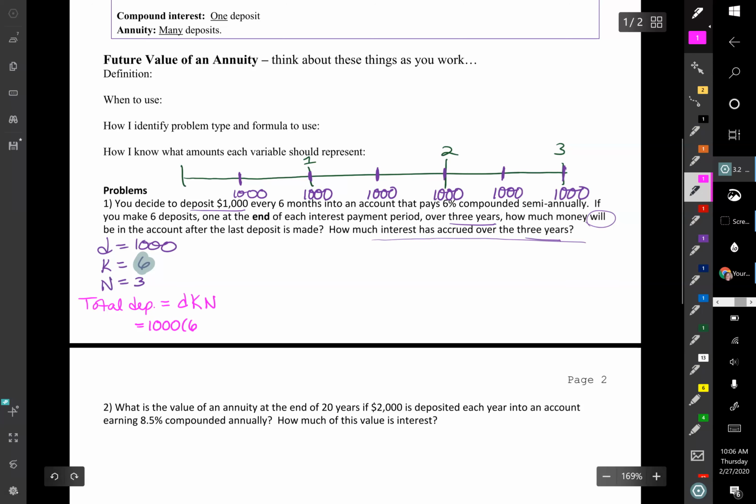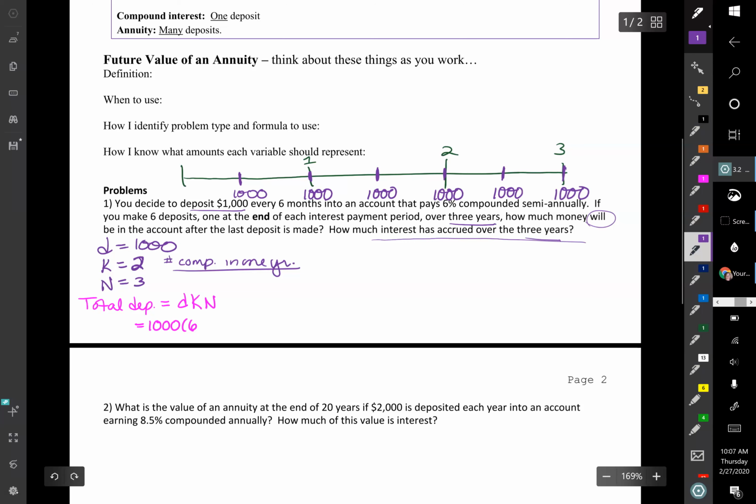Whoops, sorry, I made a mistake here. K is not 6. K is 2 for twice a year. I already had multiplied the K and the N when I was thinking about that. But K is the number of compounding periods in 1 year.